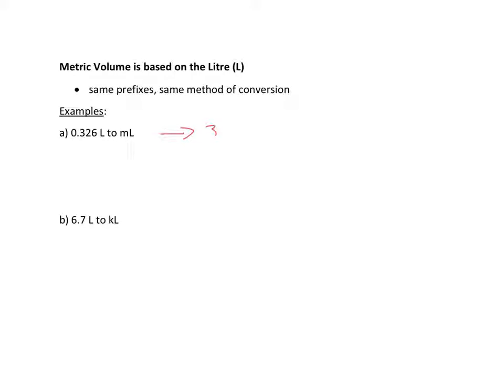So we're going to the right 3 or multiplying by 1,000. So 0.326 liters will give us, if we move that decimal place 3 spaces, 326 milliliters. Note that we use a capital L for liters.